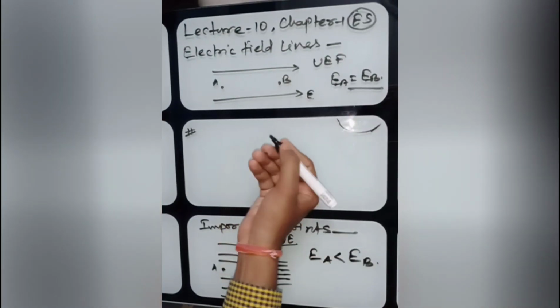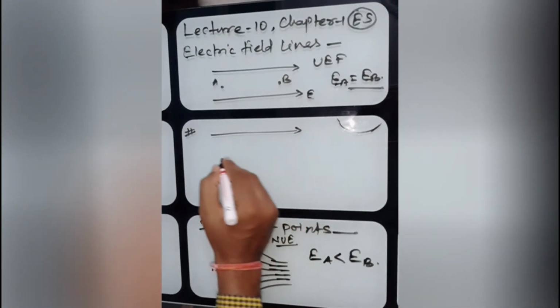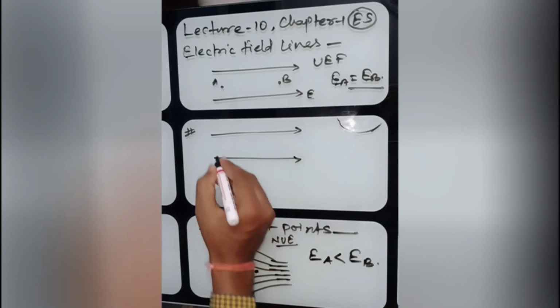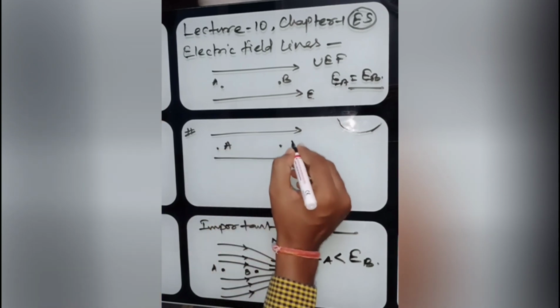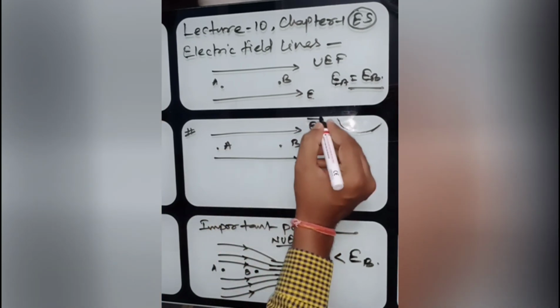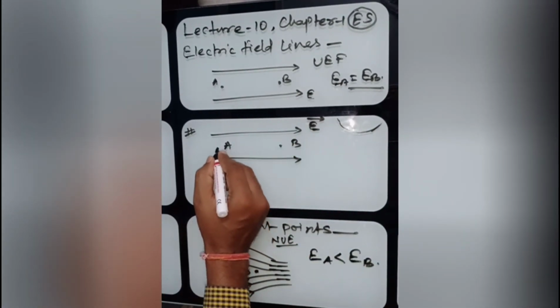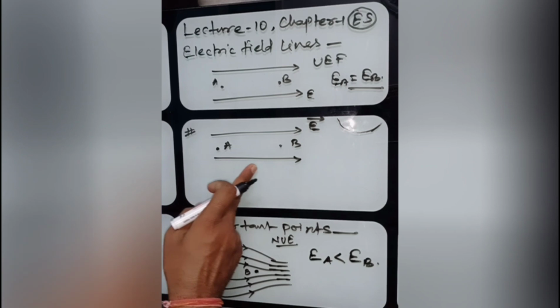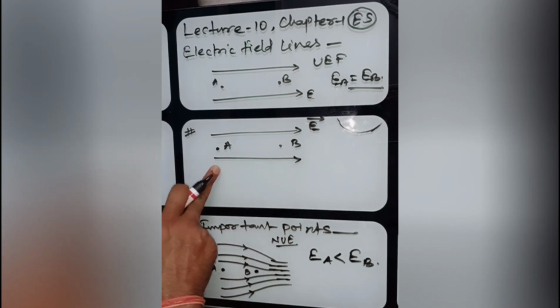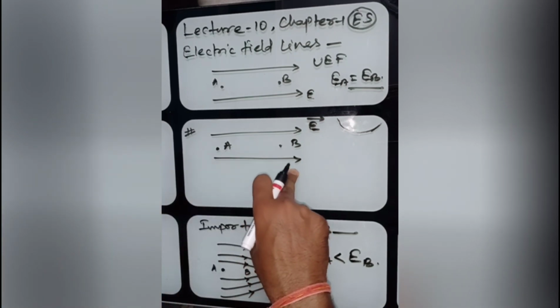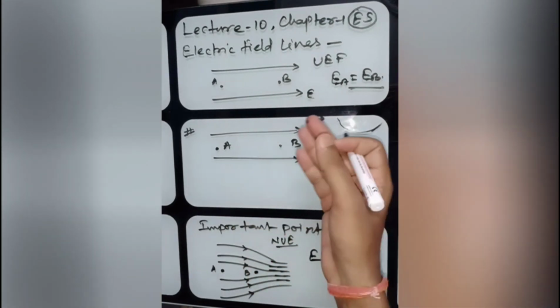So if electric field lines are moving in this way, here the point A and point B, and this is nothing but the electric field lines. You can write easily, if electric field lines are moving from A to B, and we know that electric field lines move from higher potential to lower potential.